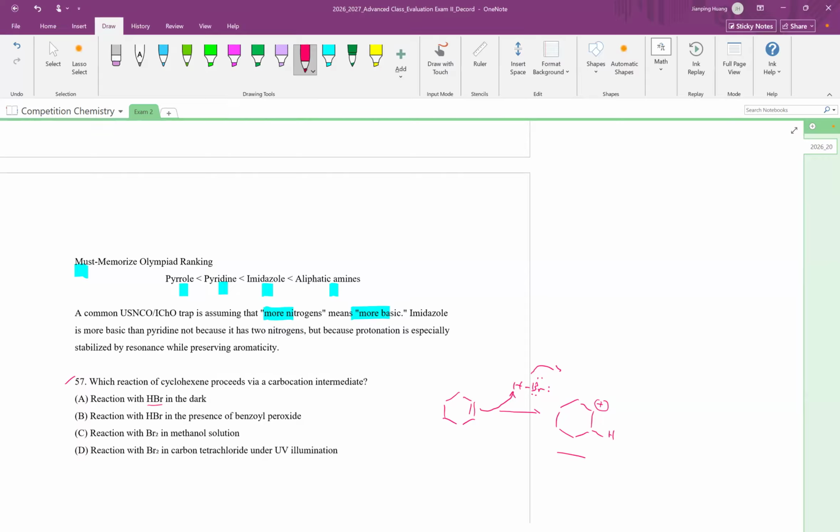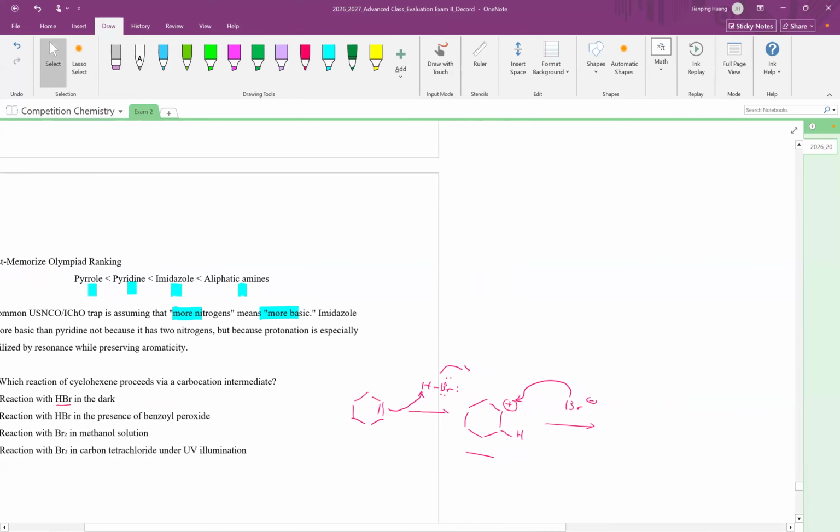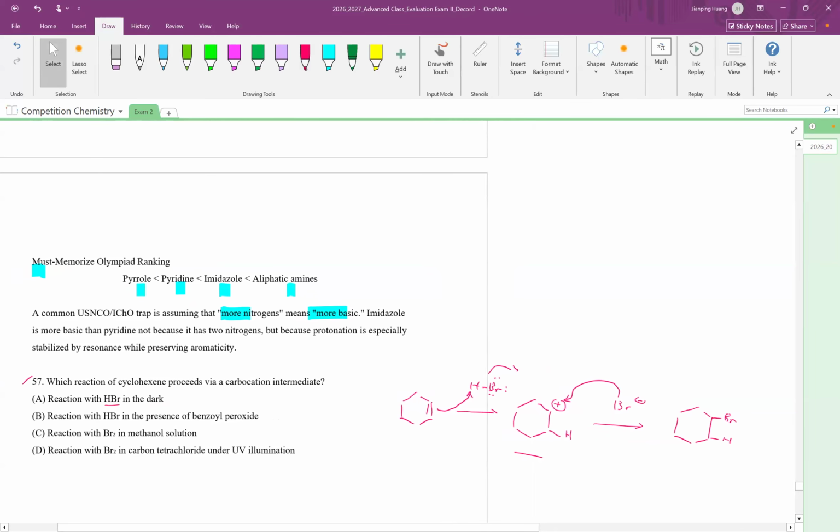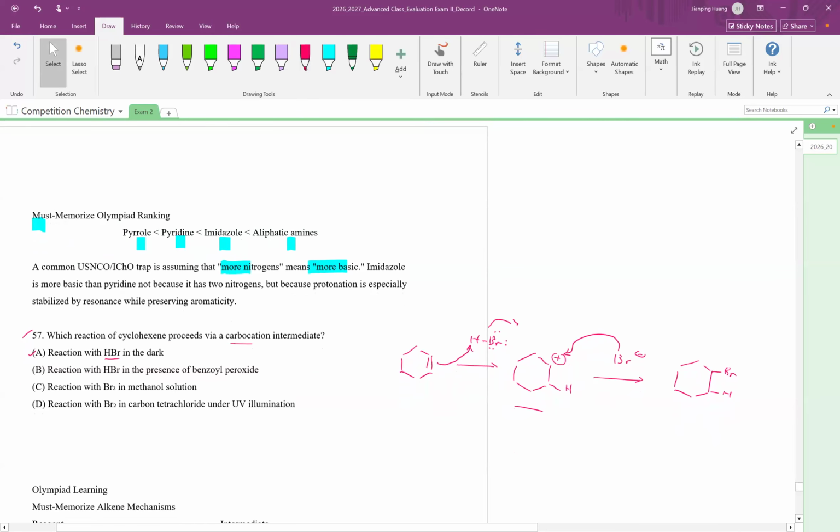Right? The second step, so your product, right? That's addition, through a carbocation intermediate. The choice should be this one. Now the second one is what?